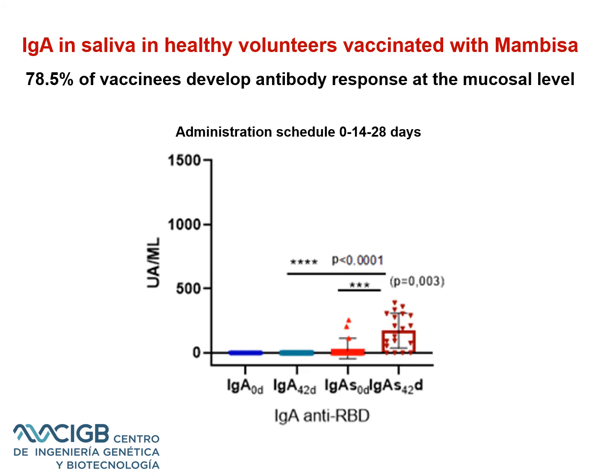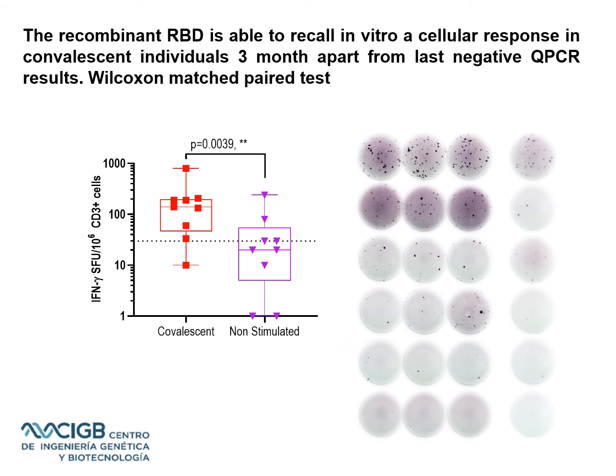In this group, we were measuring IgA in saliva, and what we obtained is that 78% of the volunteers developed IgA antibody titers in saliva. It means they seroconverted, with at least a 4 times increase in antibody titers in saliva.